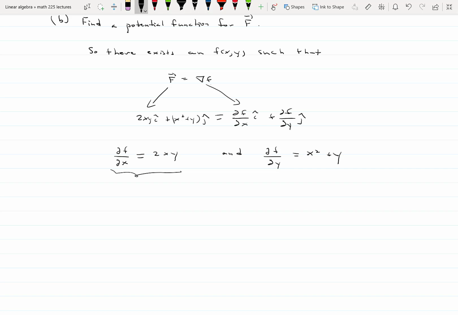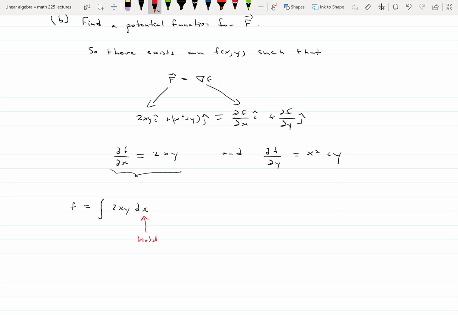Now remember, when you integrate with respect to x, you have a constant of integration. We get something a little more here, though. So f equals the integral of the derivative with respect to x. Now, when I differentiated to get that partial, I held y constant. So when I integrate with respect to x, I'm doing the same thing.